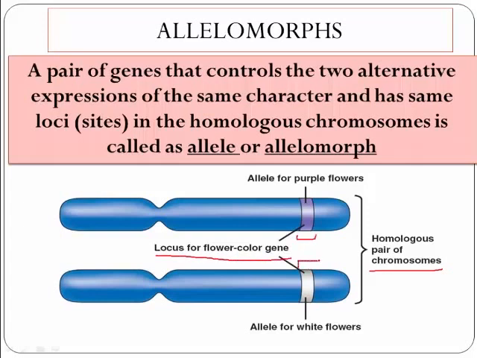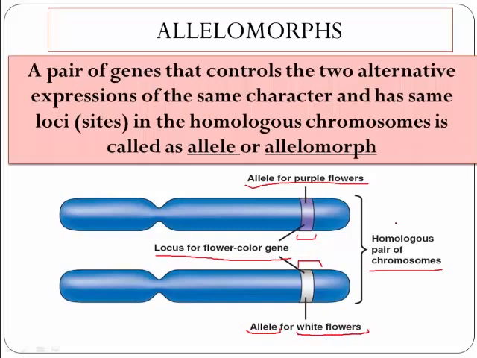These are the locus of flower color gene. On this locus, allele for purple flower color is present. That means this is the allele for purple color of the garden pea flower, and this one is the allele for white color of garden pea plant.